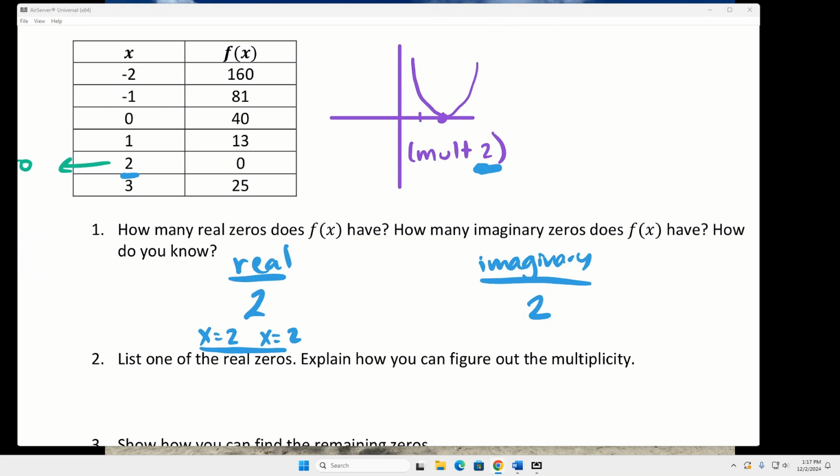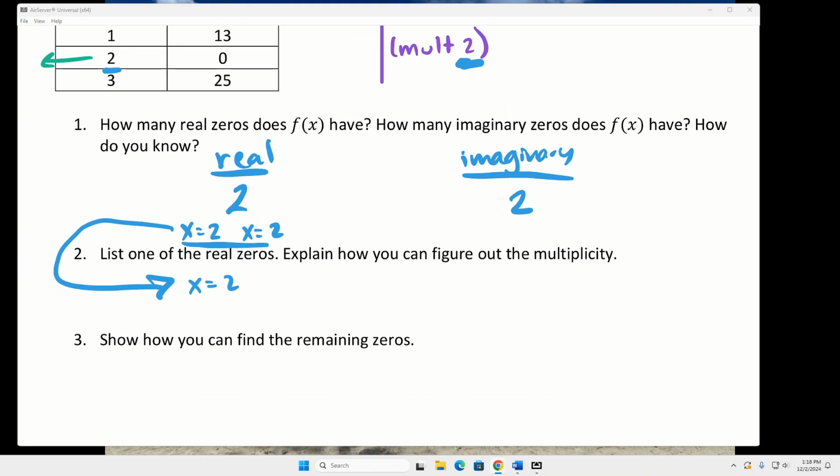Draw the arrow down here, that's fine. So x equals 2 is one of the real zeros, and it has a multiplicity of 2, because it bounces.